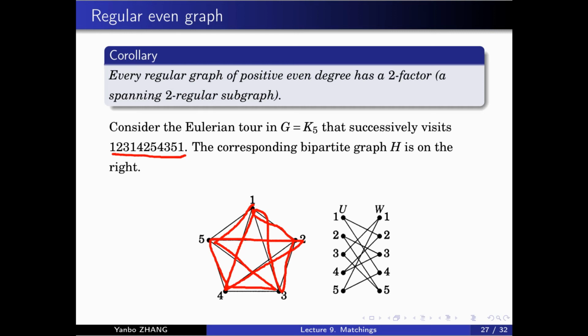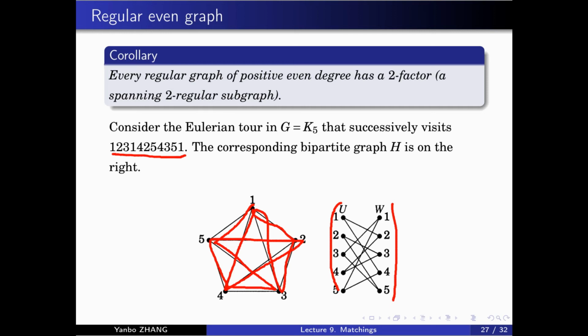We can find a new bipartite graph based on K5. The new bipartite graph has two parts, U and W, and each part has 5 vertices, 1, 2, 3, 4, 5. The edges between them follow the Eulerian tour.